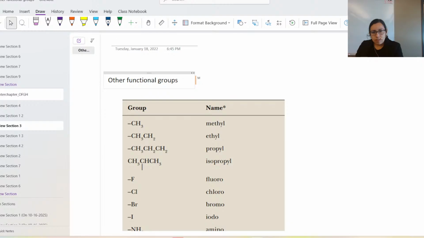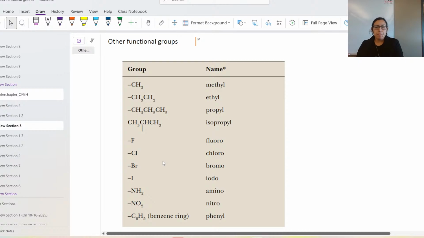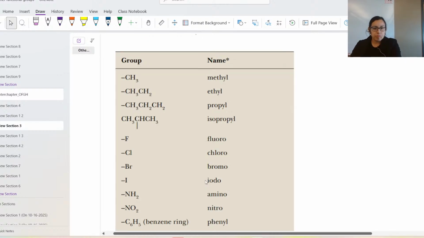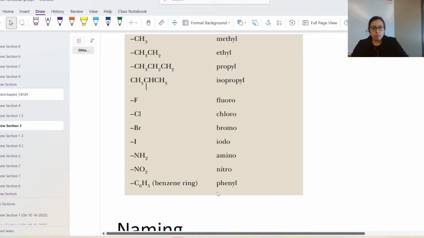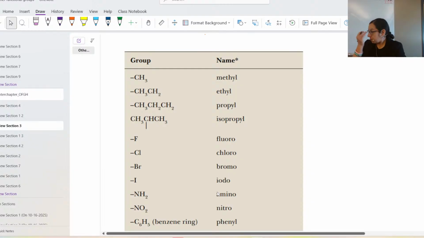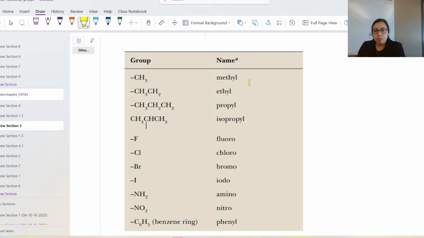All right, so this leads us to our functional groups. We may have seen some, but we're putting everything together, building up our OChem vocabulary now. So we have our methyl group for CH3, ethyl for 2 carbons.